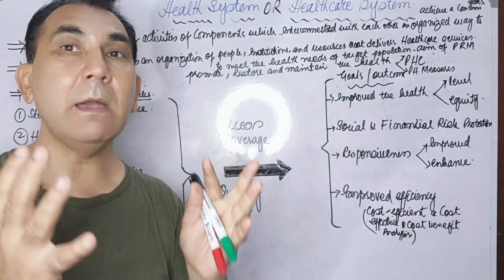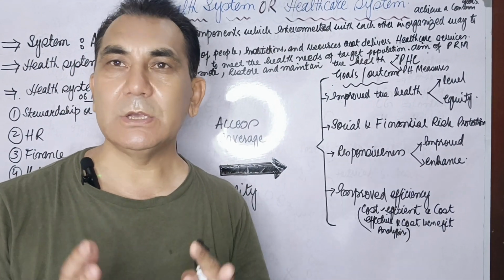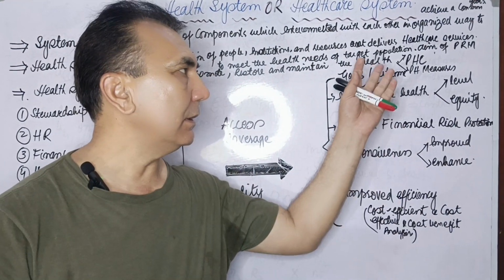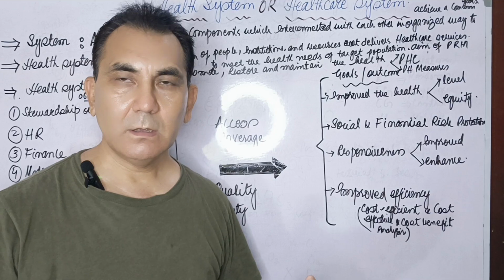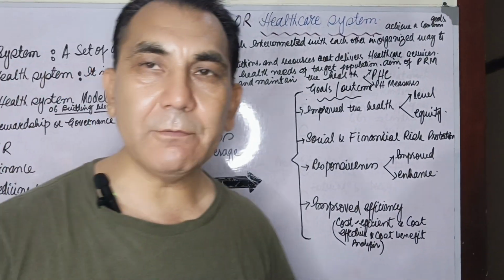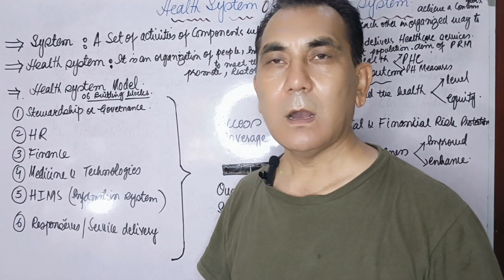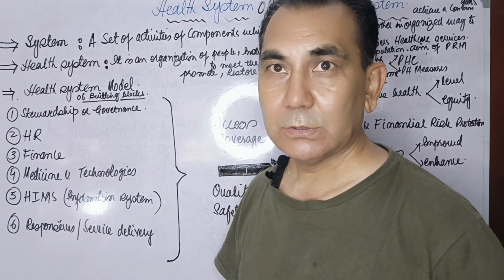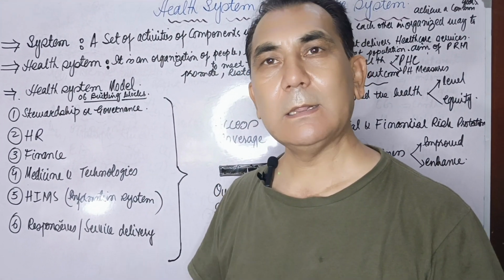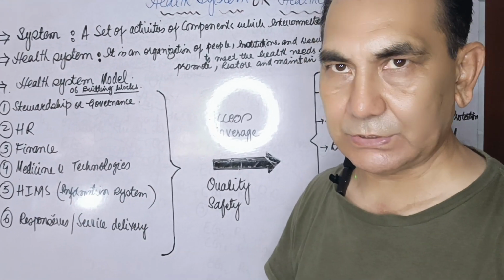What is the main aim of the health system? The main aim of the health system is to promote, restore, and maintain the health of the populations. All over the country and all over the world, every nation will design or prepare its own health system model according to its needs and resources.